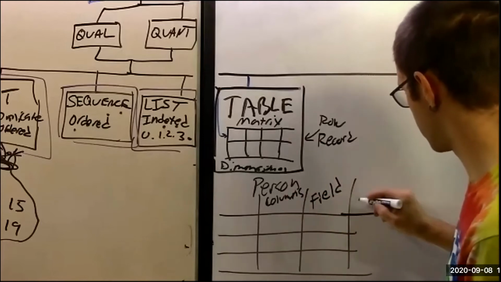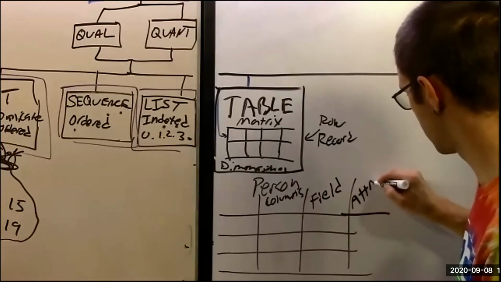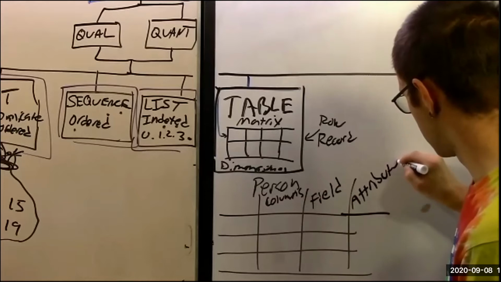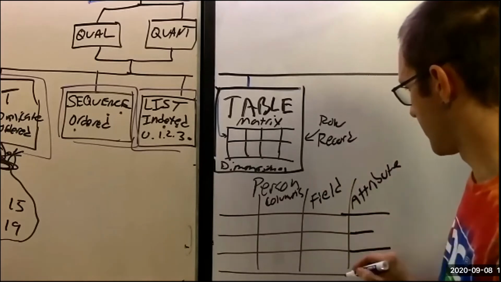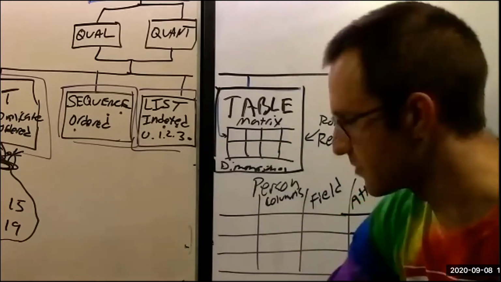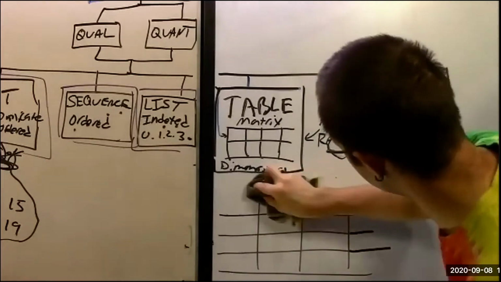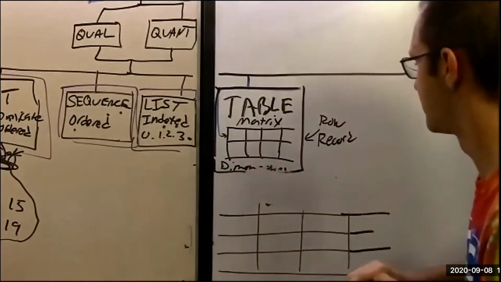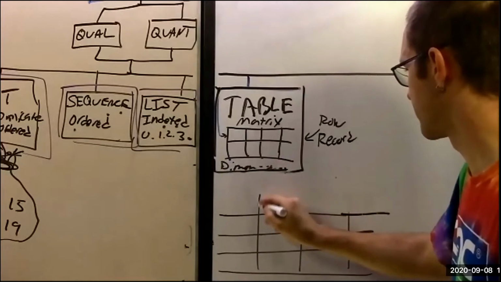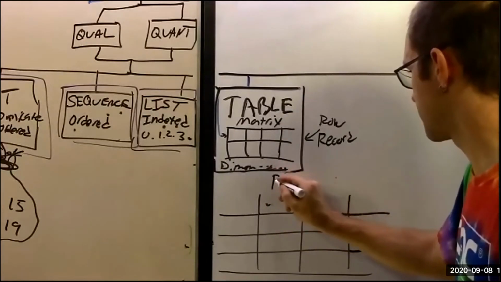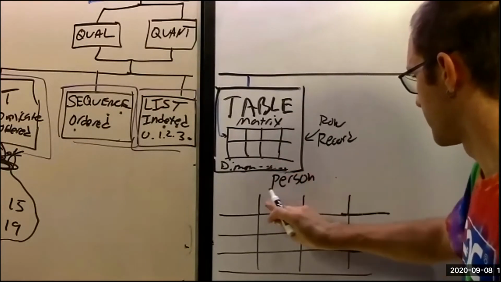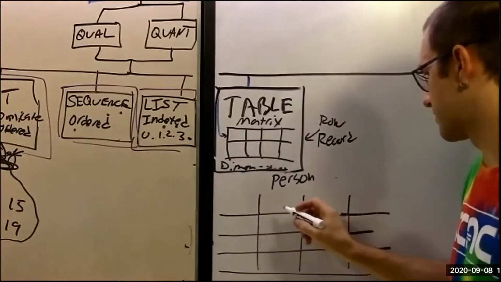Or it's also known as an attribute. That was a really awful way to describe the table, sorry. So here's our table person. What do we want to store about the person?